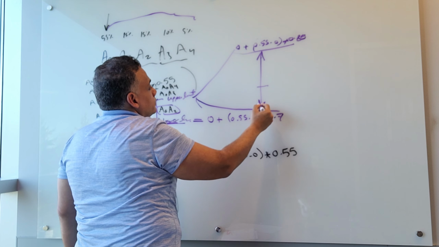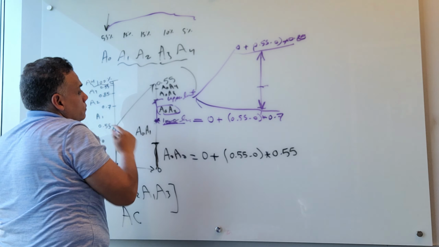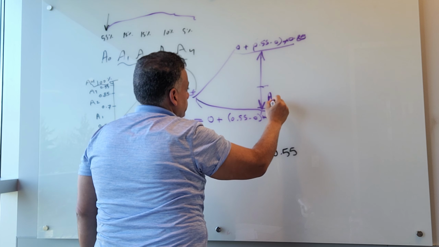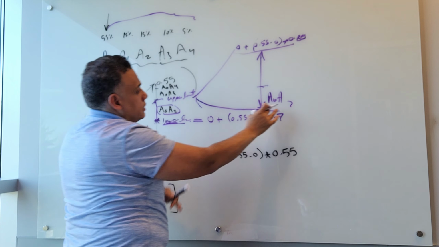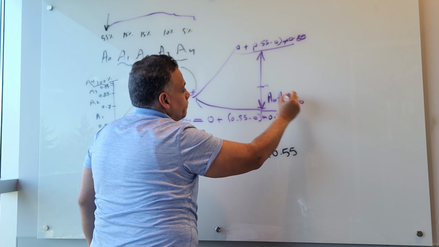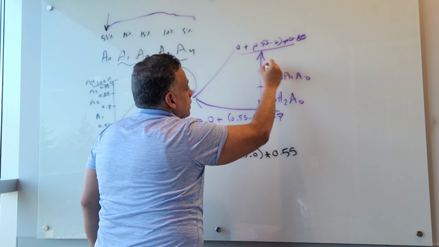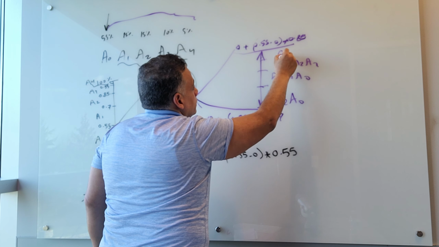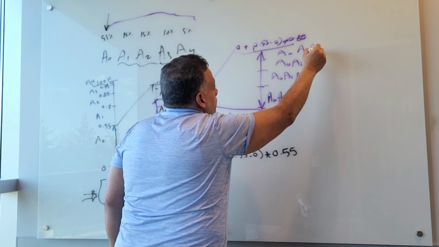Again, the first 55% will be for A0, so that gives me A0, A2, where I started here, and then the first compartment will be A0, A2, A0, and then A0, A2, A1, and then A0, A2, A2, and then A0, A2, A3, and then A0, A2, A4.